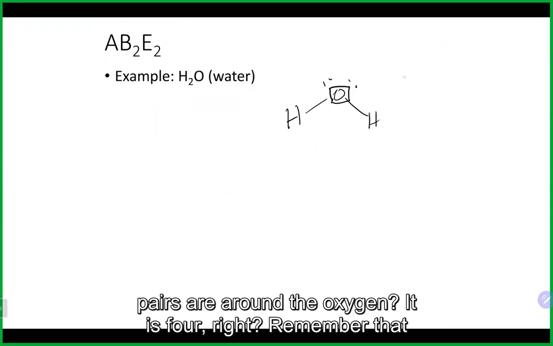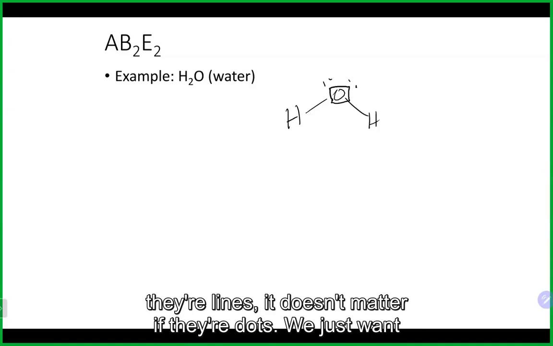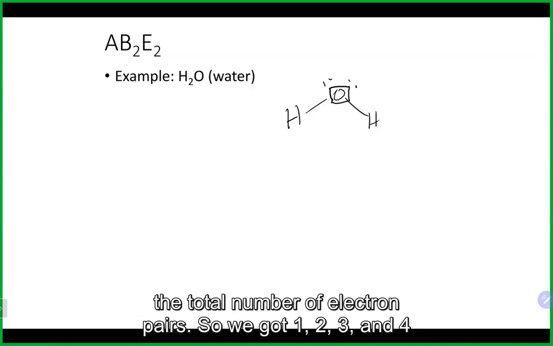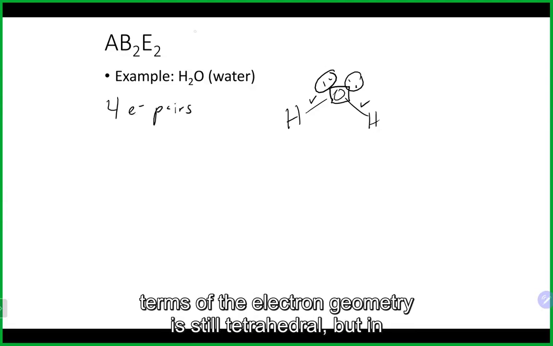It is 4. When we're counting electron pairs, it doesn't matter if they're lines or dots. We just want the total number of electron pairs. So we have 1, 2, 3, and 4 electron pairs. So 4 electron pairs, in terms of the electron geometry, is still tetrahedral.